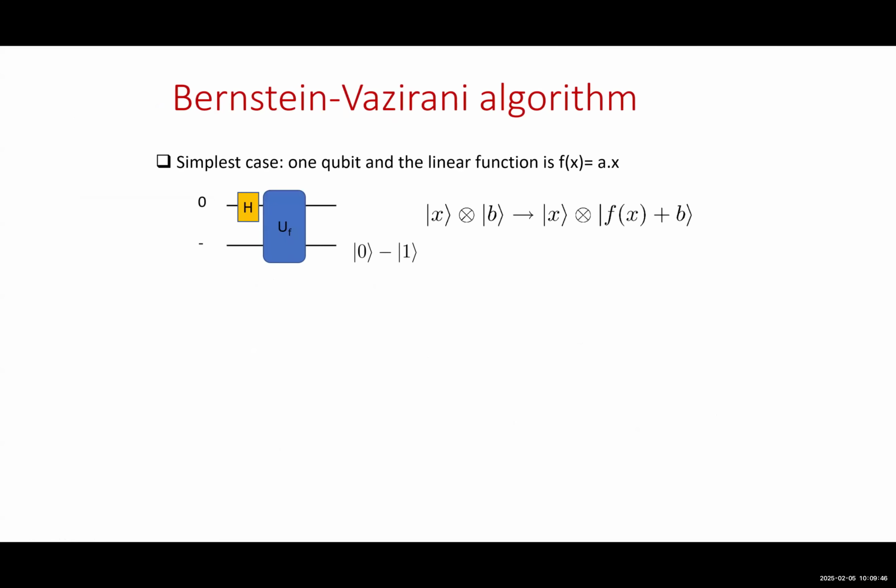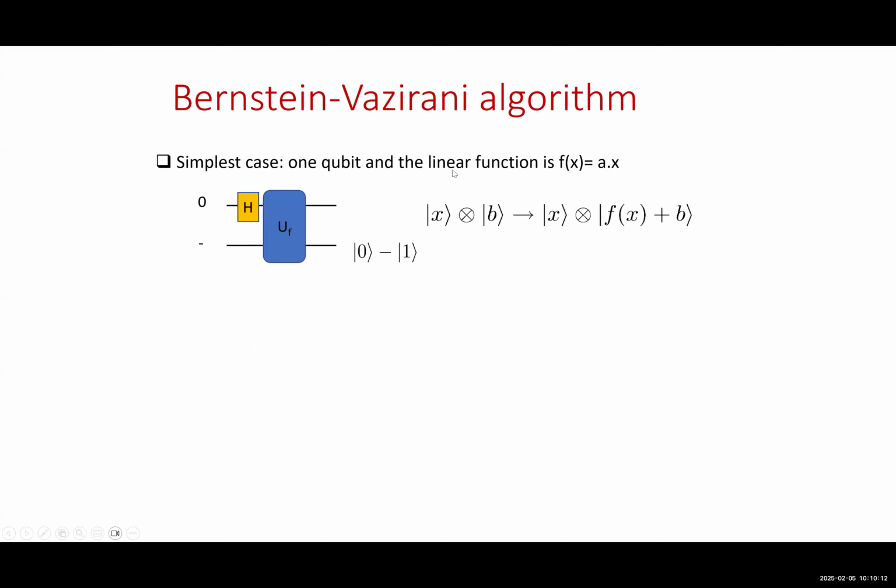The basic algorithm. Who remembers the Bernstein-Vazirani algorithm? There's a string A, a binary string. X is a set of qubits or bits. A here is a classical bit. So A dot X is A1 X1 plus A2 X2, and it is binary.